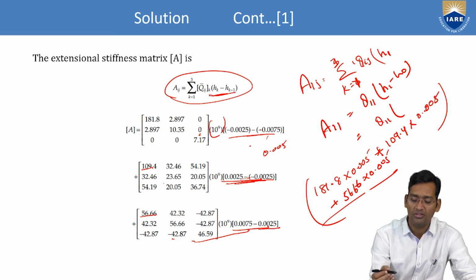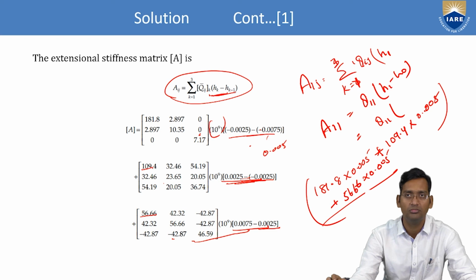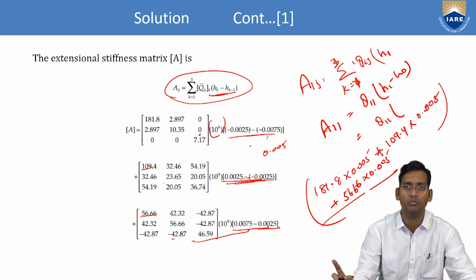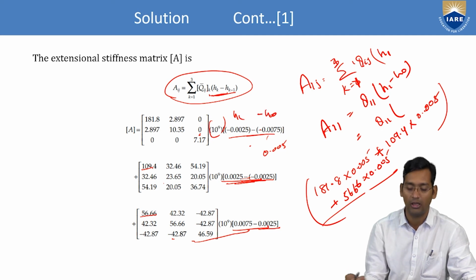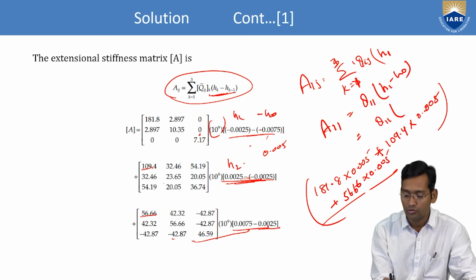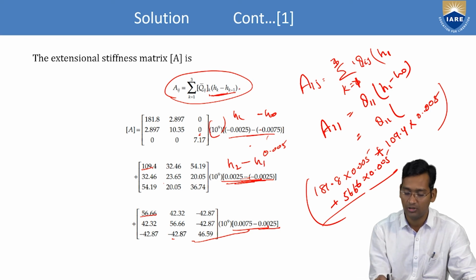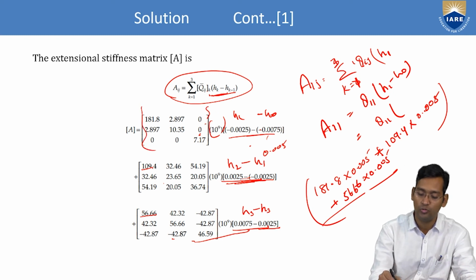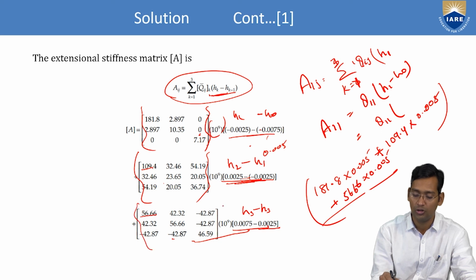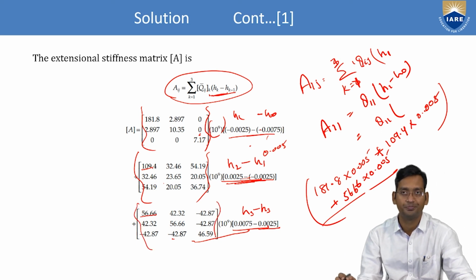So for the first ply, h1 minus h0. For the second ply, h2 minus h1, because 2 minus 1 is 1. And for this one, h3 minus h2. This is Q for the first ply, this is Q for the second ply, this is Q for the third ply.